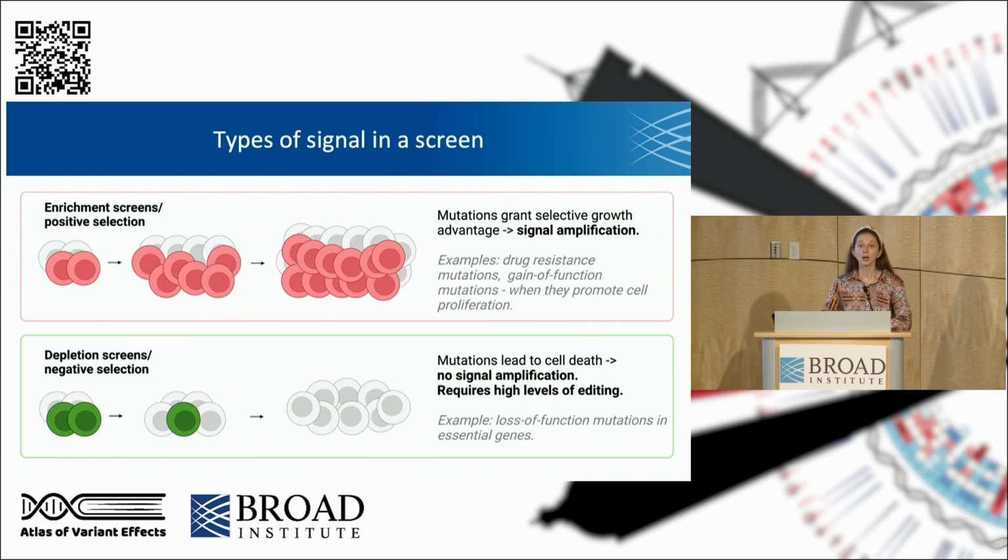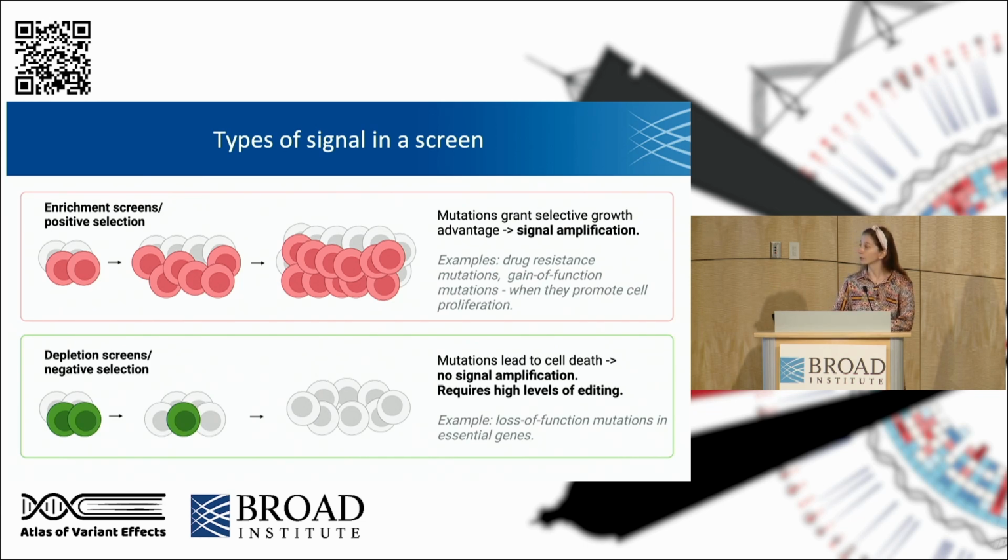But regardless of the type of question that one might be interested in exploring, I would like to highlight two main types of screens, or types of signal, if you will. There is an enrichment type of screen, or positive selection screen, where when the mutation arises, it gives a selective survival advantage to the cell in the population. Therefore, it leads to an exponential amplification of the mutation as the screen proceeds.